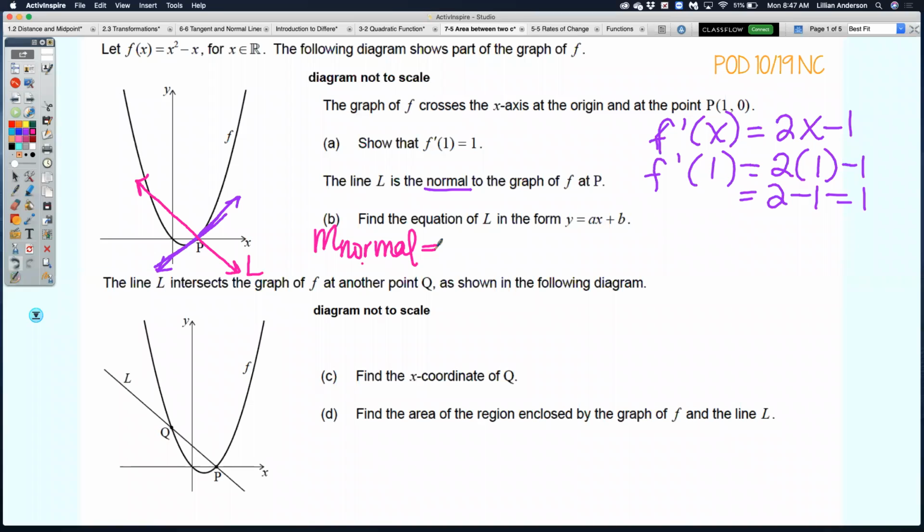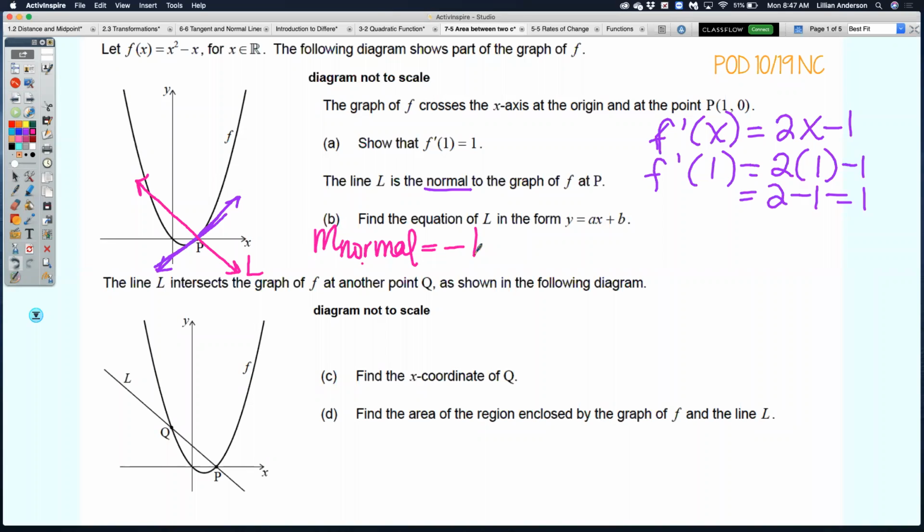Somebody online? -1. What's going to be the gradient of my normal line? It's going to be -1, because it's the opposite reciprocal of that purple line which I drew, which was the tangent.